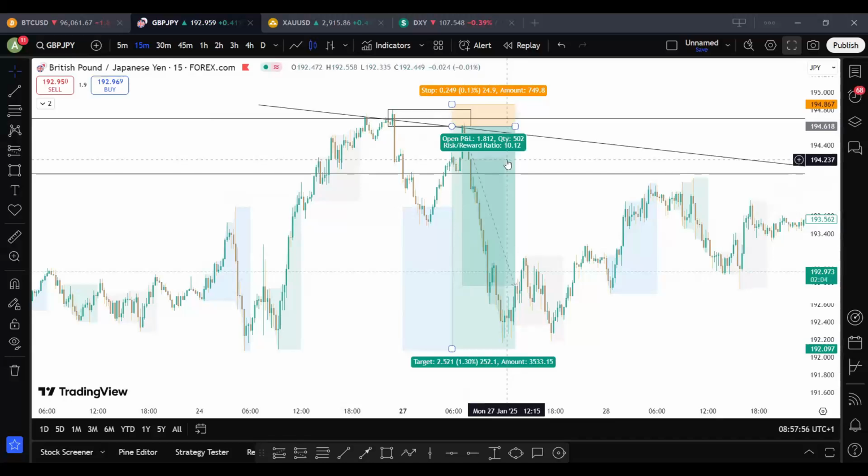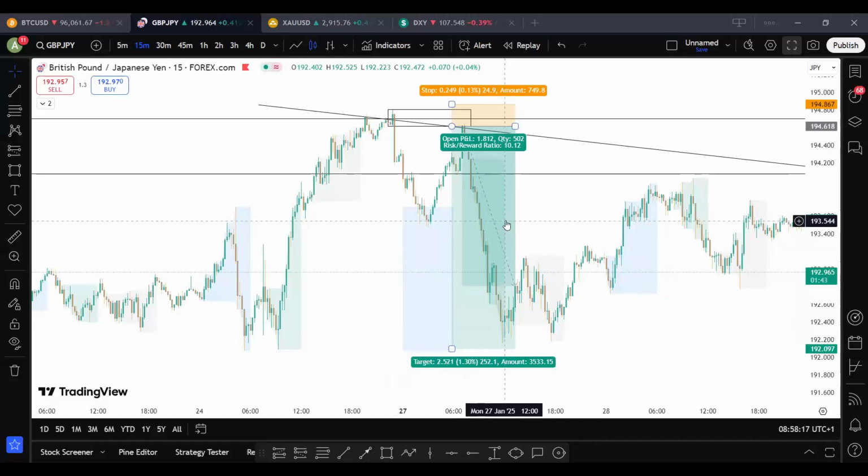Okay, risk reward is simply, let's say you want to risk $5 in this trade. Seeing a 10 here, a 1:10 risk to reward means that when your market hits your take profit, you will be getting $50.